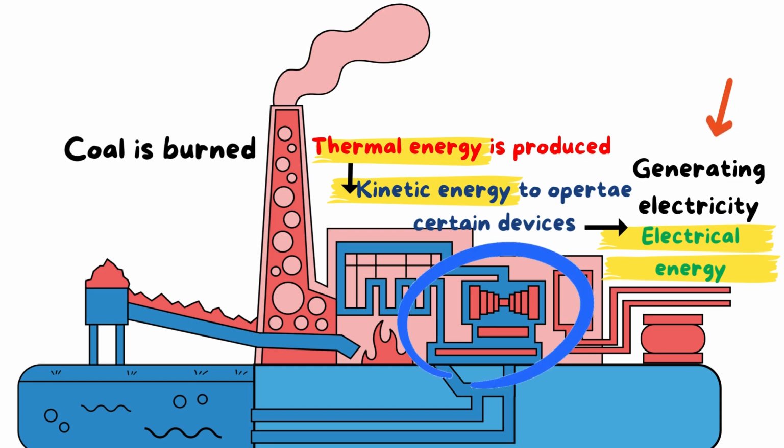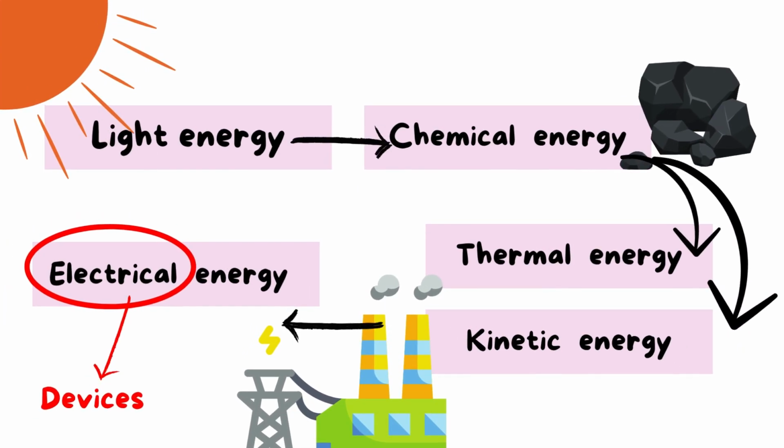This part needs kinetic energy to operate, so thermal energy will transform into kinetic energy to operate certain devices here in the power station. When these devices are operated, what happens? Yes, it generates electricity. So here we can obtain electrical energy that we use in all devices.